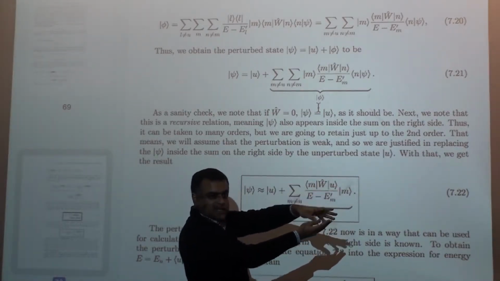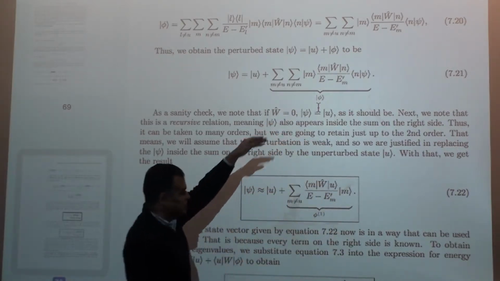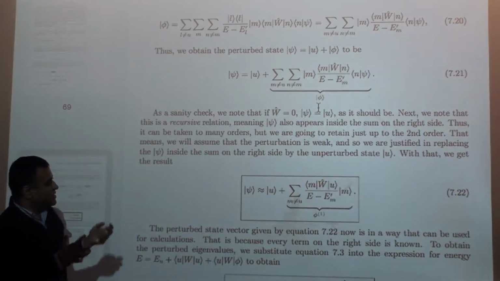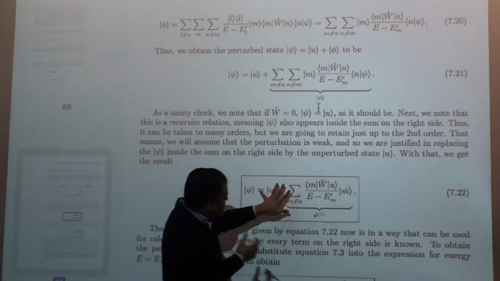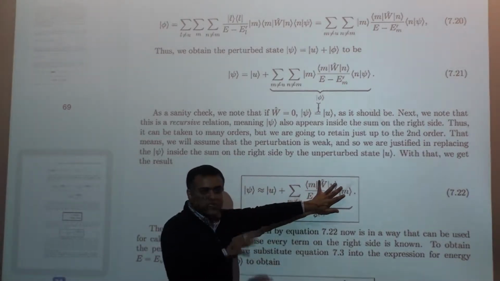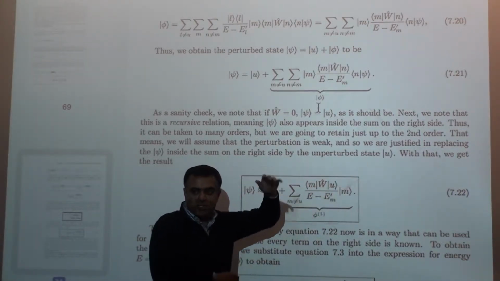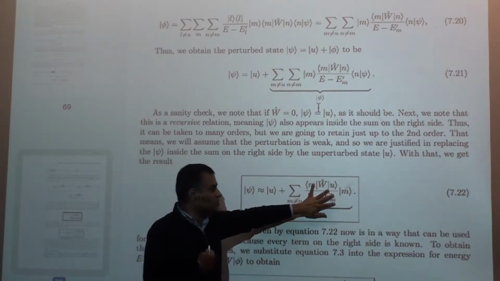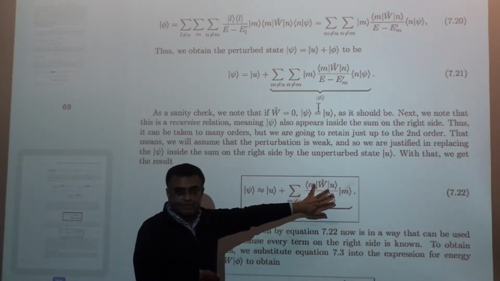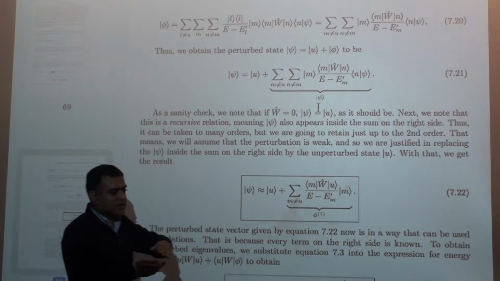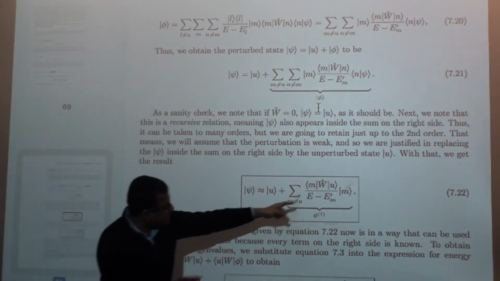If they're separated by a large amount in energy, then the change from the initial state is very small. So energy separation plays a key role in determining how strong the perturbation is. Closely spaced energies are perturbed more if they're allowed by the matrix term.